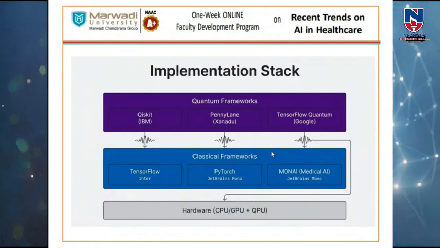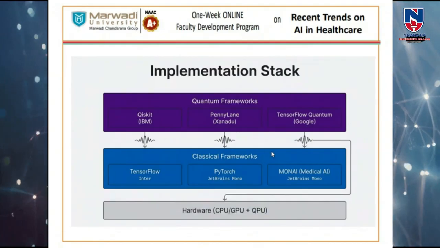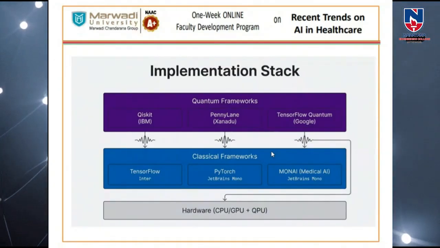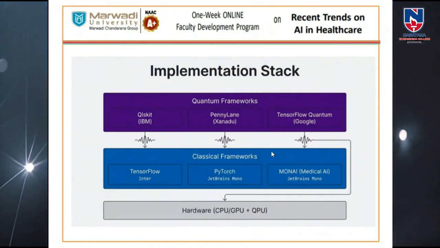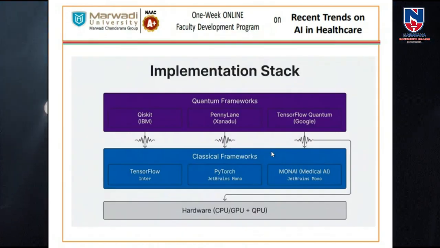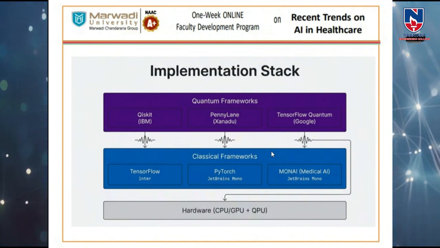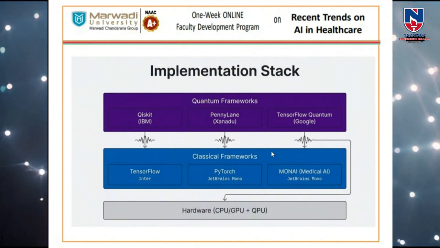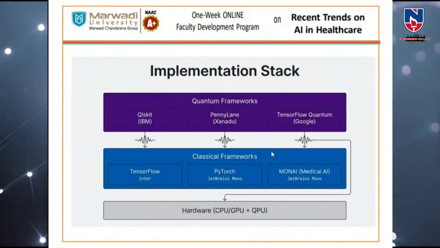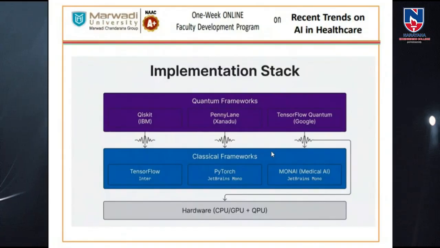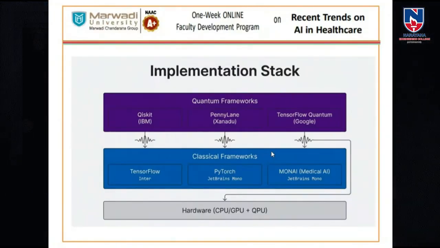See here, first consider the top layer, such as Qiskit or PennyLane or TensorFlow Quantum. Of course, this is IBM. The most popular one is IBM Qiskit. For more details, we can Google it and we'll find it.